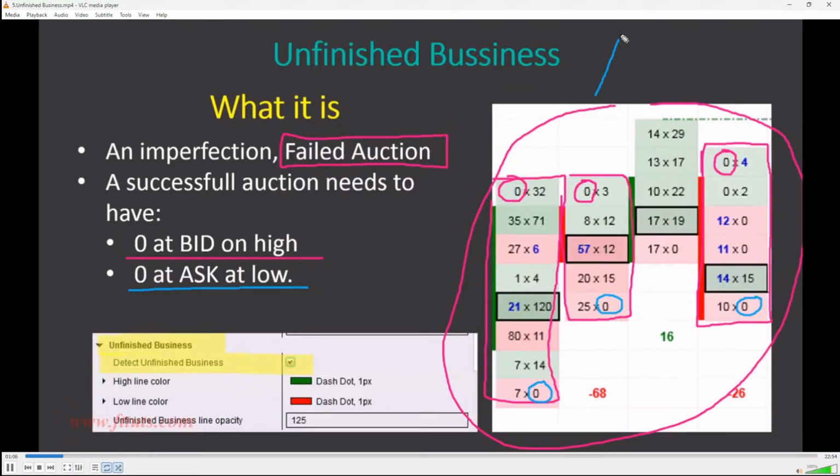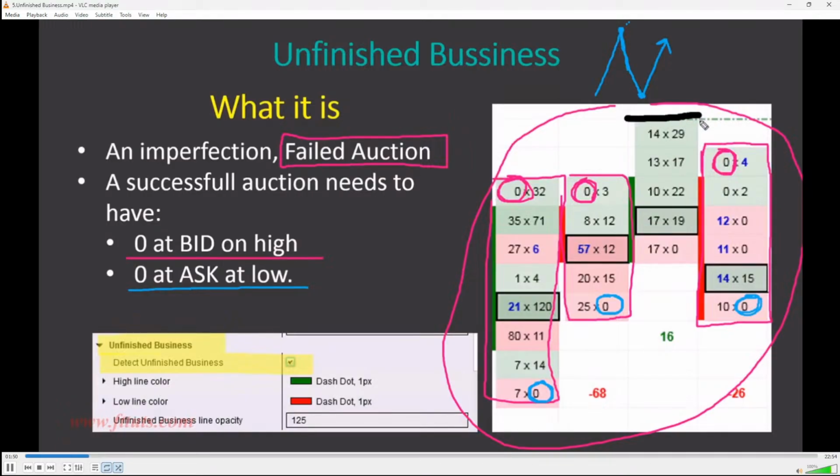When the price goes upwards, then it turns and goes downwards. It means that there are no buyers willing to buy for higher prices, so the price turns and goes downwards. Then, at this place, there are no sellers willing to sell for lower prices, so the price turns again and goes upwards. This is how the market moves, and this is why there's always 0 at those lows on ask, and at the highs there are zeros on bid.